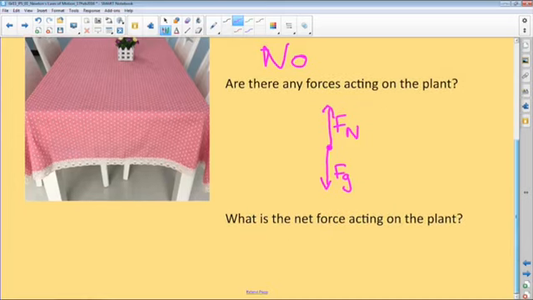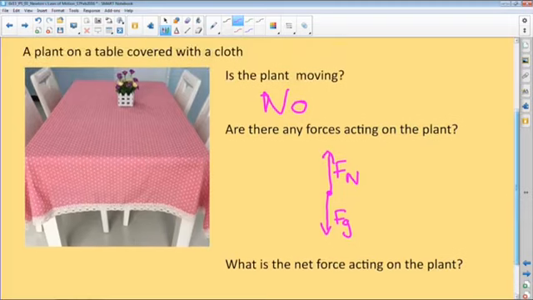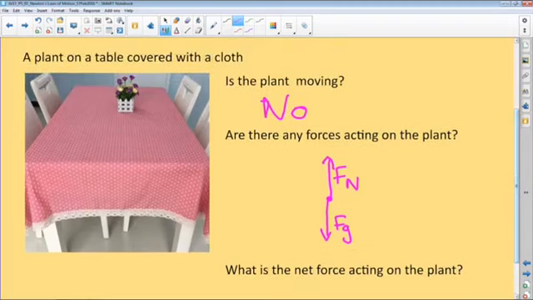And that leads us on to our third question. What is the net force acting on the plant? So if you've been thinking with each question, is the plant moving? No. Are there any forces acting on the plant? Yes, but they are two forces and they look like they're of equal magnitude, so equal size.